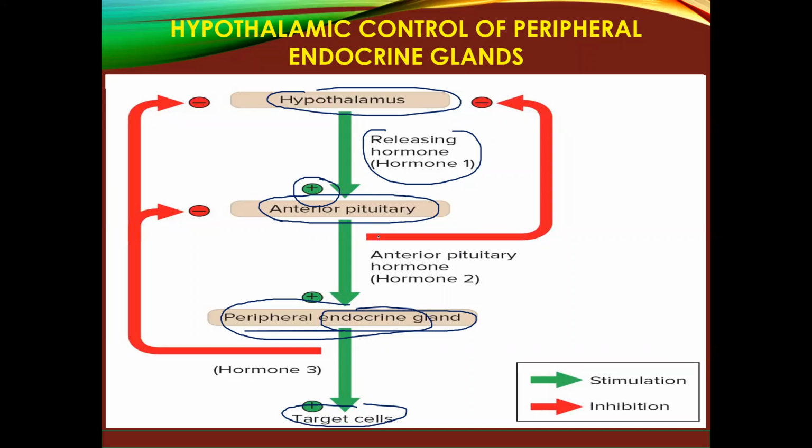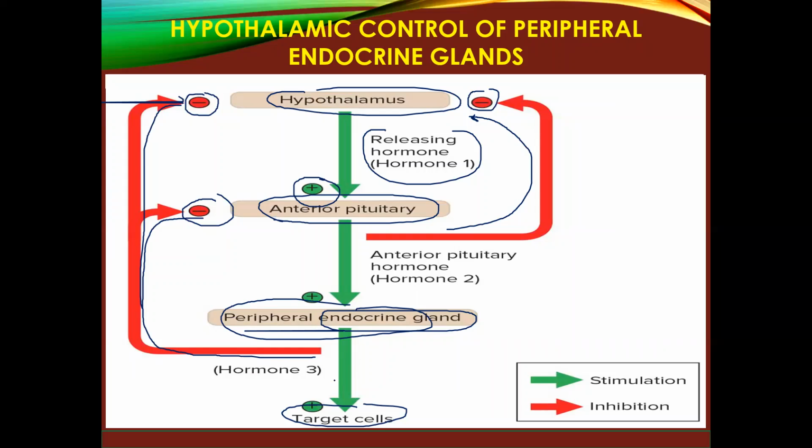The anterior pituitary gland can also produce hormones that inhibit the hypothalamus from producing certain hormones. And certain hormones produced by endocrine glands in our body can also inhibit the anterior pituitary gland or inhibit the hypothalamus. Okay, for example, the ovary produces estrogen.